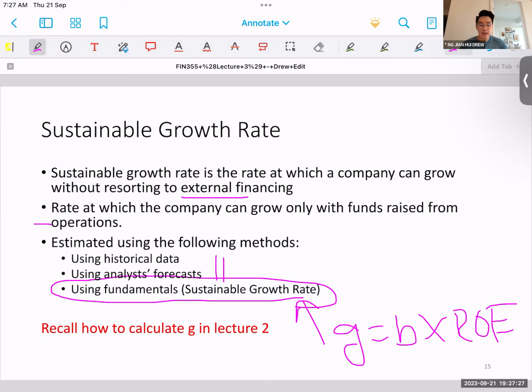Or it can be a combination of the three approaches. Maybe you compare with the fundamentals, check with the historical, and last but not least, moderate the growth rate based on the analyst forecast that you suspect.